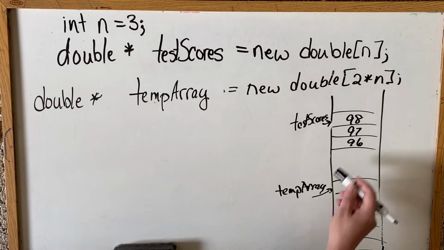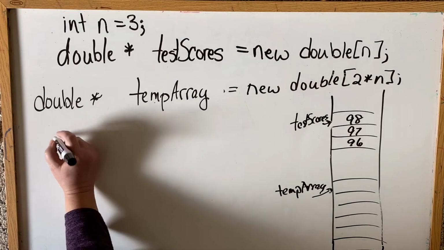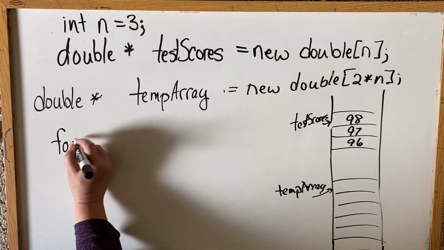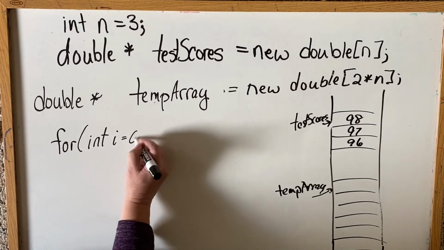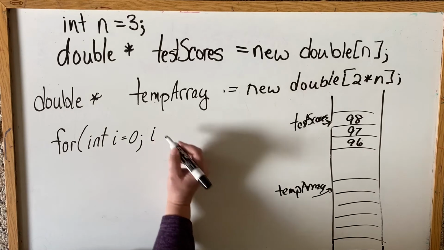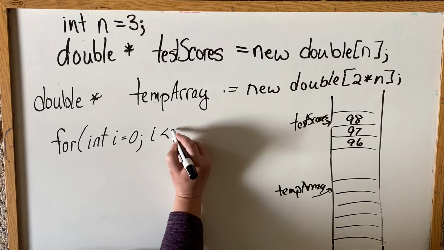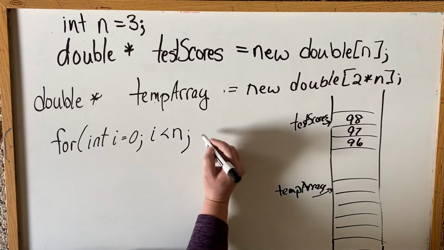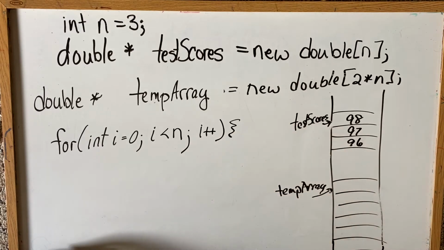Now we want to copy the information from this array into this array. Well, the easiest way to do that is to loop through. So we're going to create a for loop. Arrays always start at 0. And we want to go up to the original size. And then we're going to increment I each time.